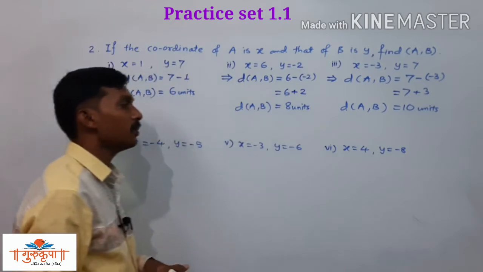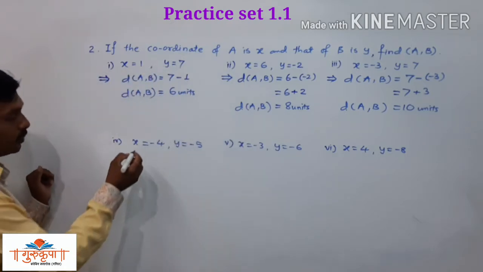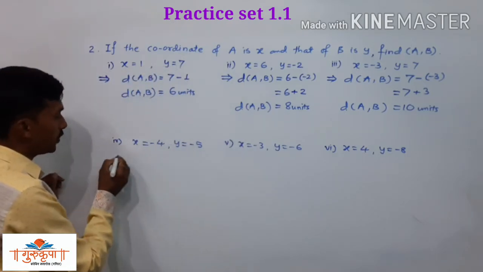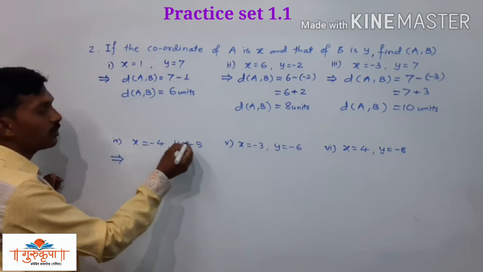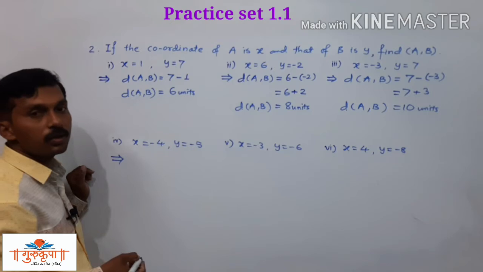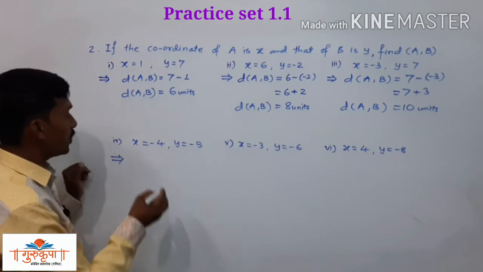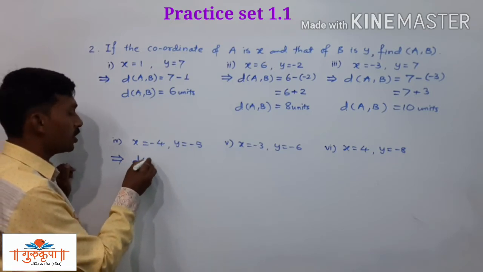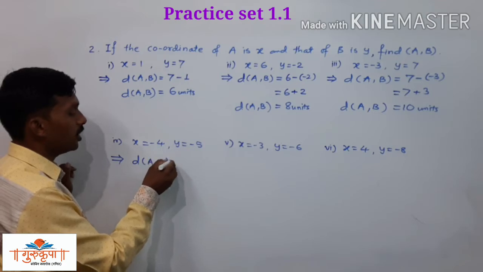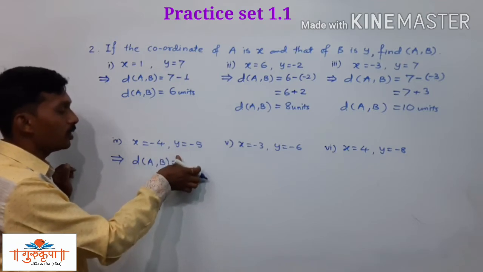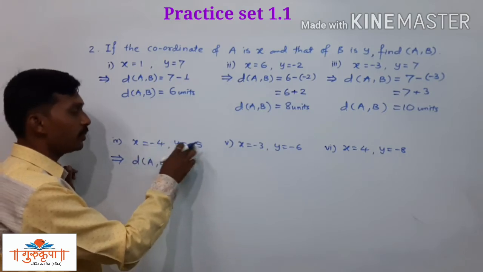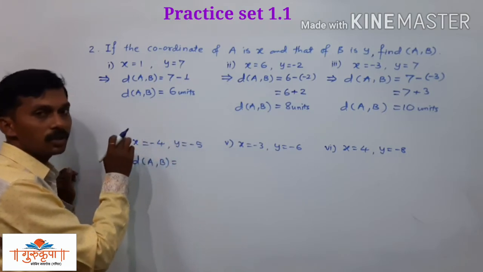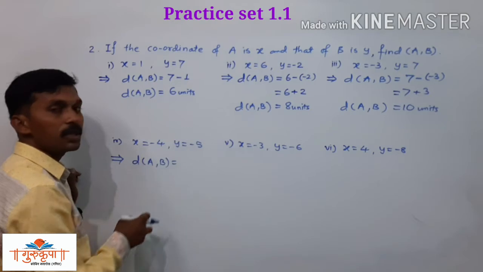After the third example, we have example number 4, that is x is equal to minus 4 and y is equal to minus 5, that is the coordinate of the point A is minus 4 and the coordinate of the point B is minus 5, and we have to find the distance AB. So we write distance AB is equal to, now the bigger coordinate out of minus 4 and minus 5: minus 4 is bigger and minus 5 is smaller.